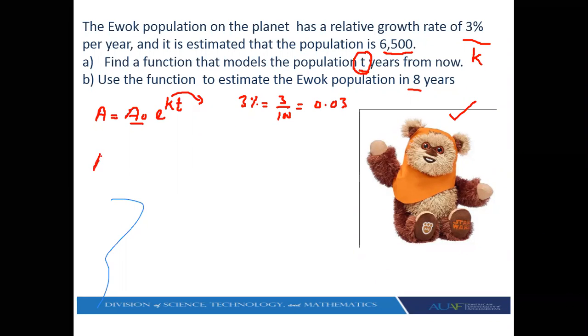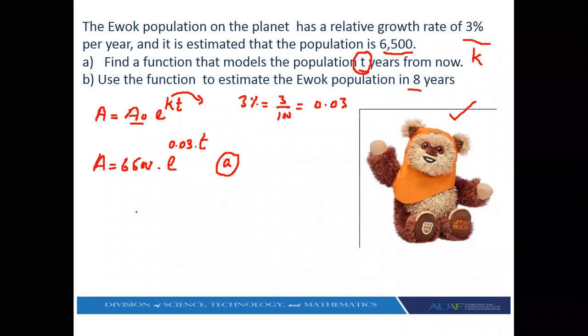For example, first, A is equal to 6,500 e power k, so k is 0.03 and t is t. This is part 1. We have the model.